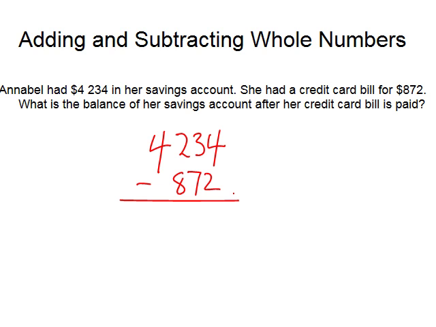Now, starting with the units column, 4 take 2 is 2. 3 take 7, we can't do that. We'll go and trade from the 2. That will leave 1 left in that column, and we'll pay that back as 10 plus 3 is 13. 13 take 7 is going to be 6.